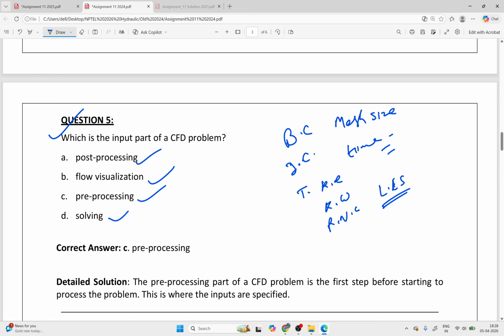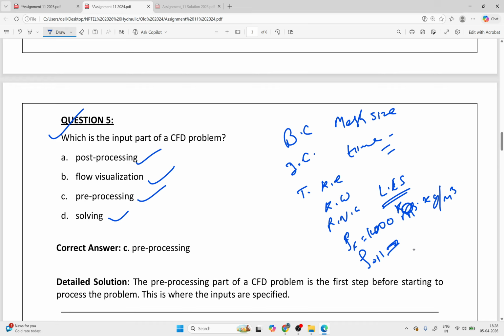What is the physics, whether you are going to apply water, with fluid density 1000 kg per meter cube, or whether you are going to use some oil, that depends.